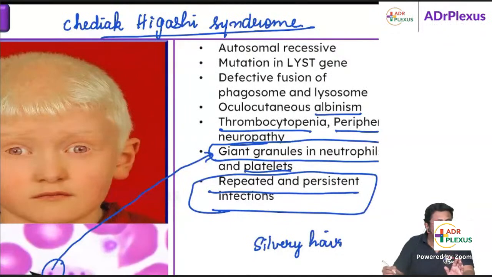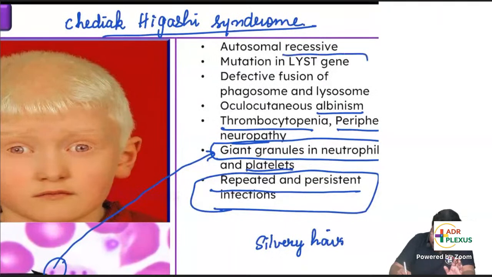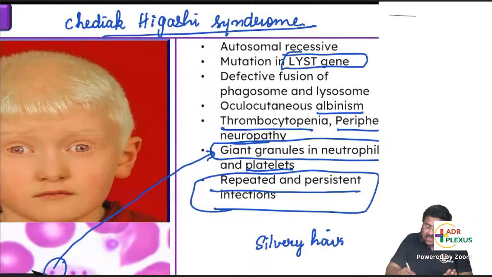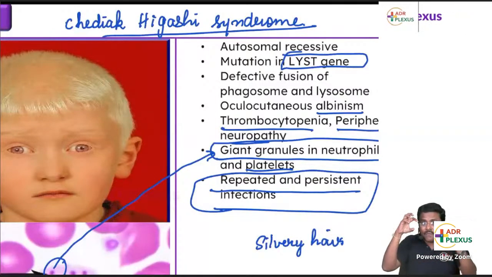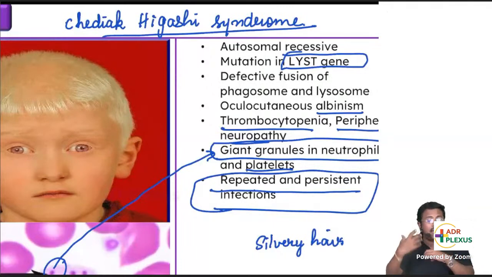Chediak-Higashi syndrome is a mutation in the LYST gene, and there will be a defect in the phagosome and lysosome. What happens during phagocytosis? Phagosome and lysosome will fuse together to form a phagolysosome.